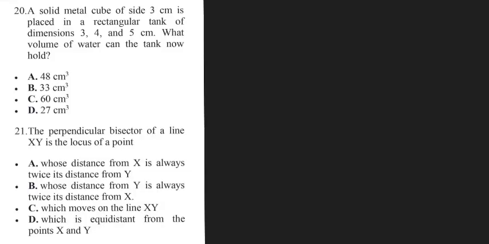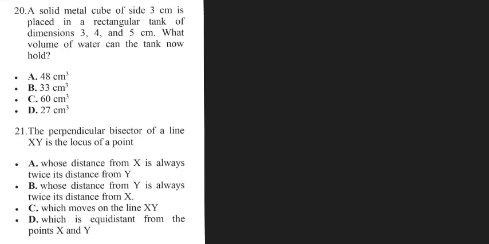Question 20 says a solid metal cube of side 3 cm is placed in a rectangular tank of dimensions 3, 4, and 5 centimeters. What volume of water can the tank now hold?